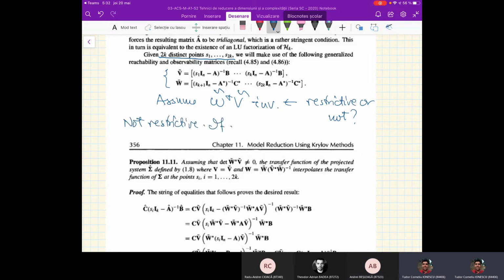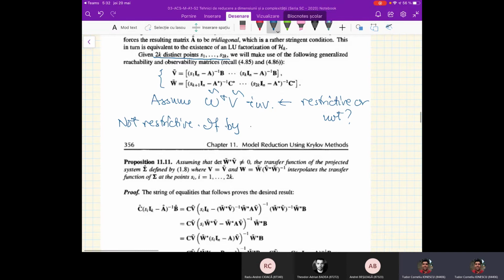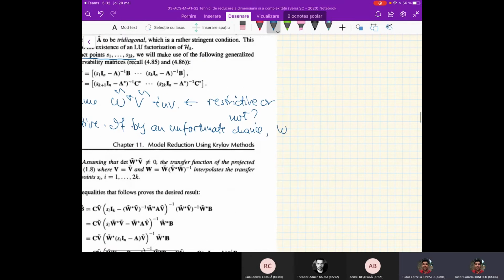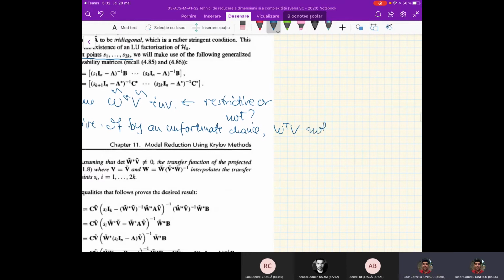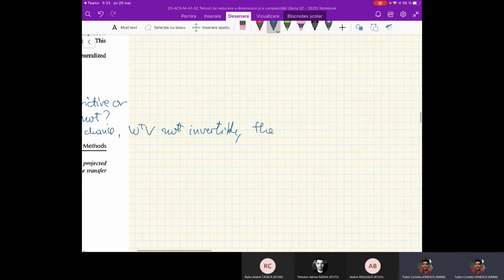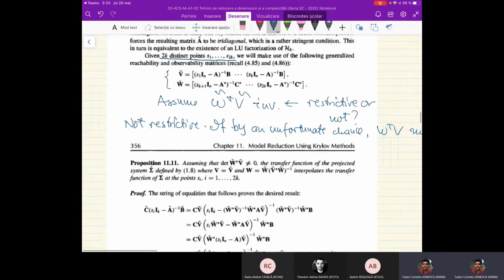Restrictive, if by an unfortunate chance W transpose V not invertible, then choose other points Si. That's the quickest remedy of this.